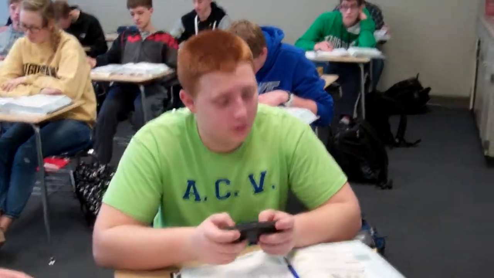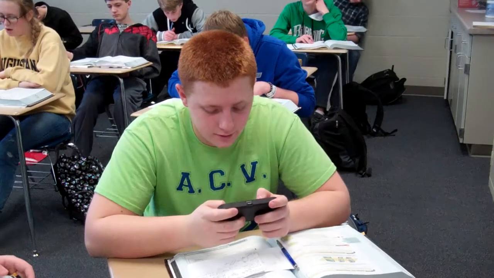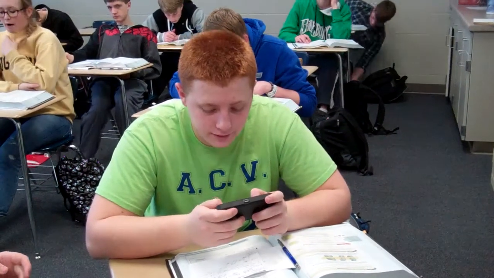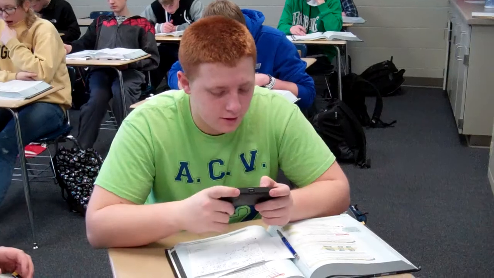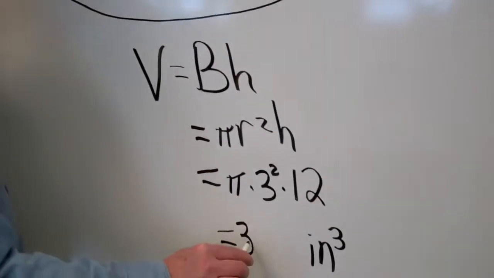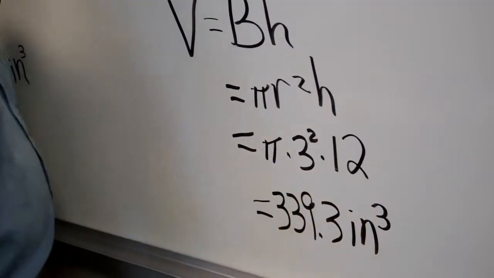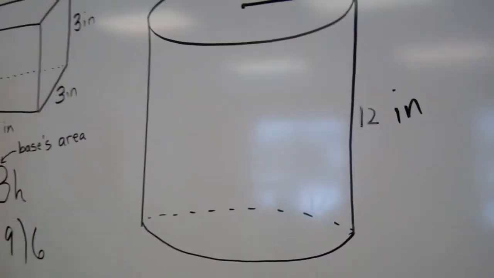No. Okay. Pi times 3 squared equals that, times 12 equals 339.3. 339.3 cubic inches.